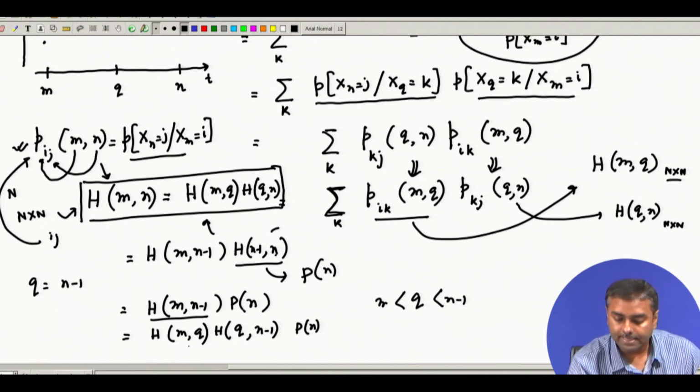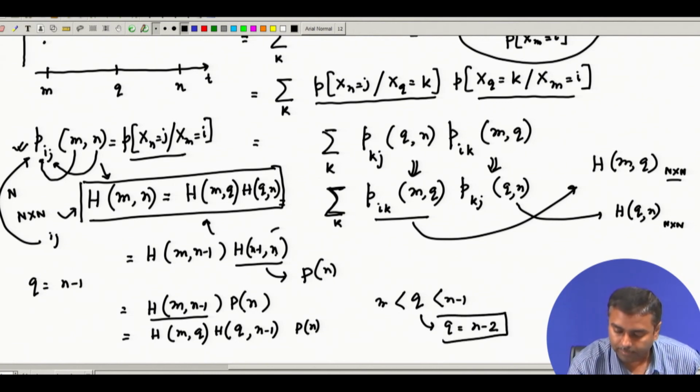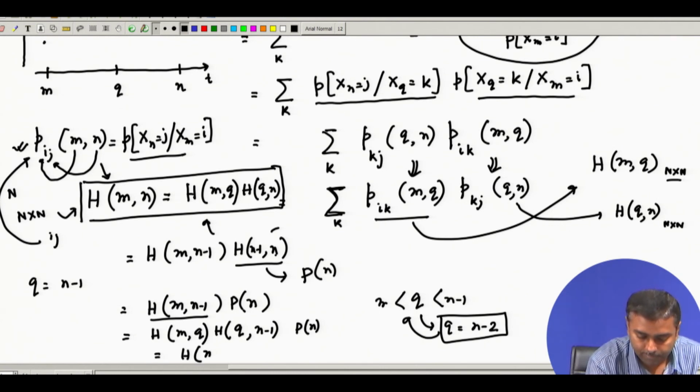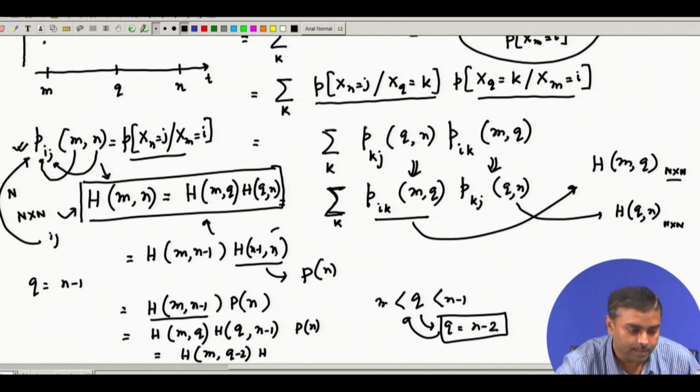Again q I can write as n minus 2. So, basically q I can put to be n minus 2, because q can take any value. So, I can also do q equal to n minus 2, because that is catering to this satisfaction. If I put that, then you will see again from here it will become m, n minus 2.